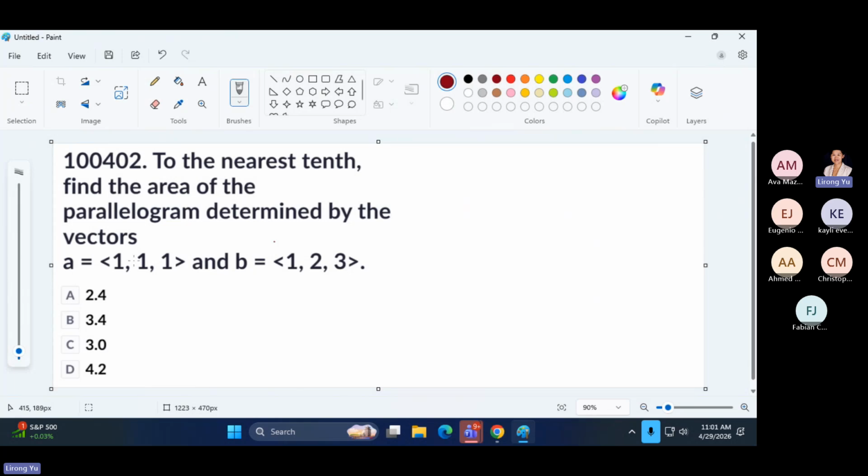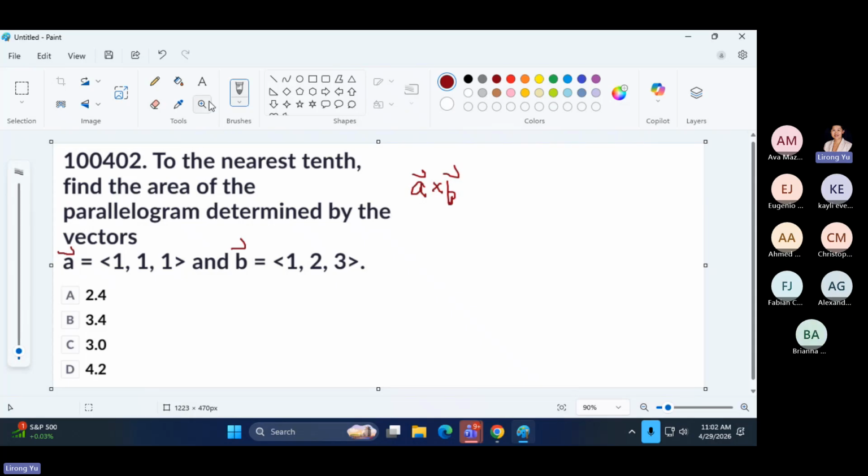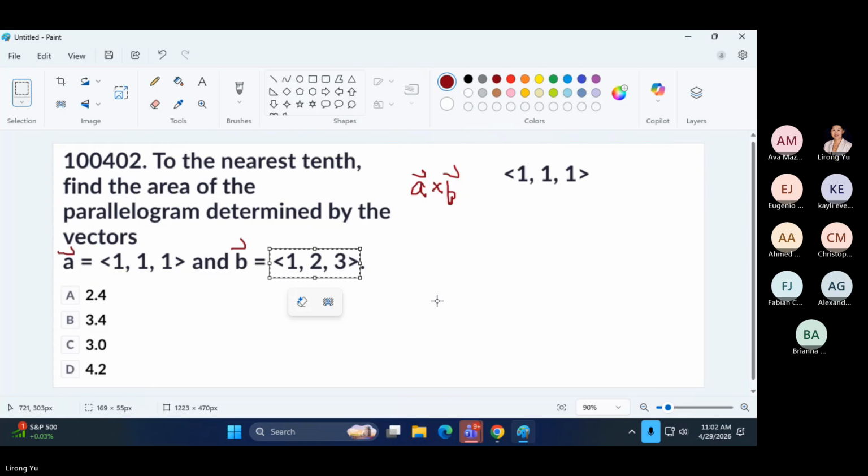So what we do is, these are two vectors, A cross B. We find the cross product of the two vectors, A cross B.